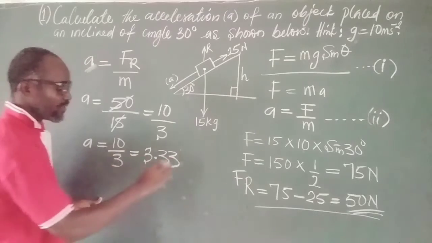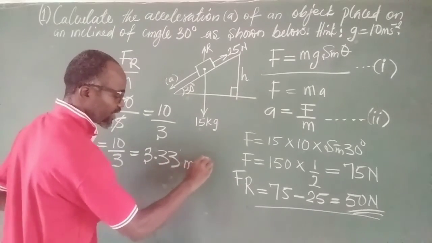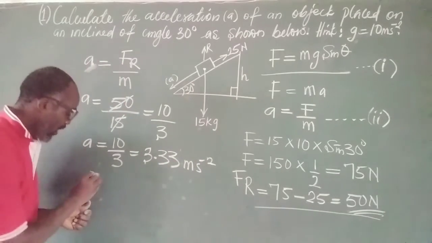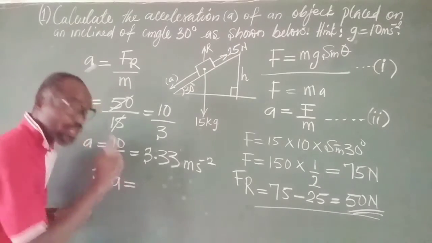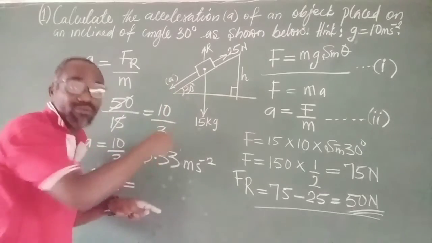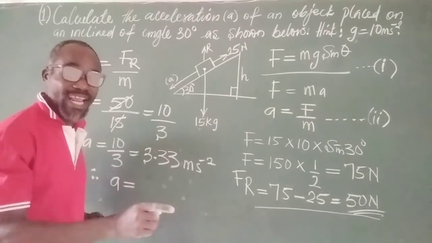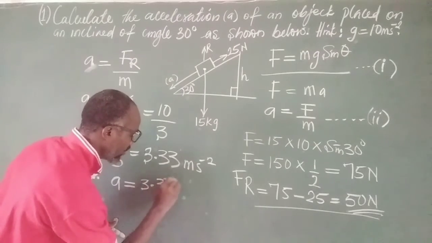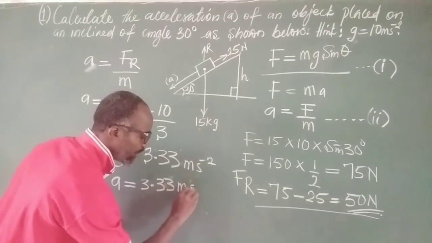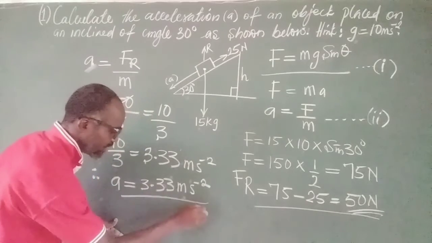And that will give us meters per second squared. Therefore, the value for the acceleration of the object sliding down the inclined plane is 3.33 meters per second squared. That is the value.